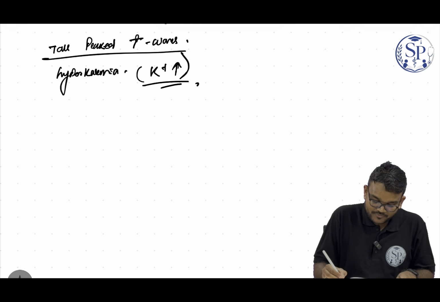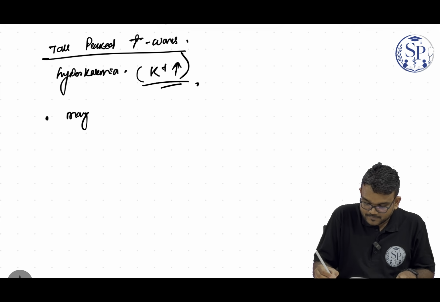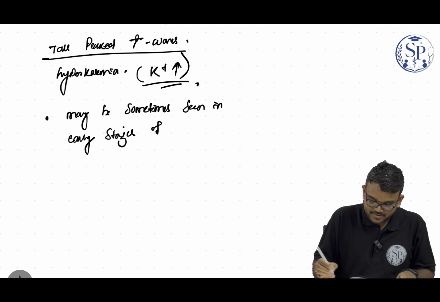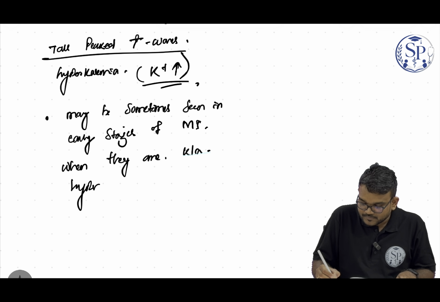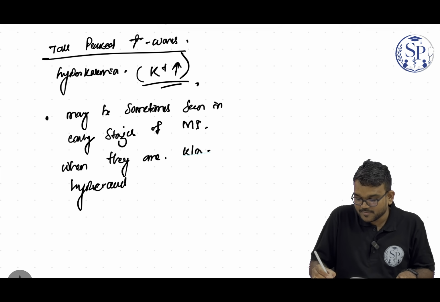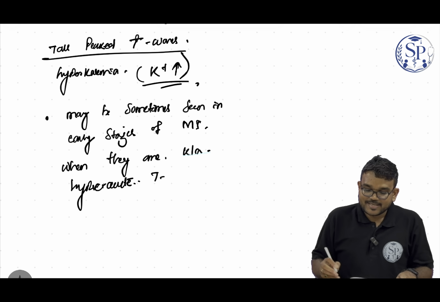The tall peaked T waves may sometimes be seen in early stages of myocardial infarction when they are called hyperacute T waves.